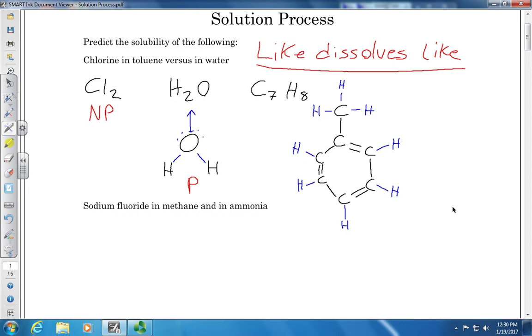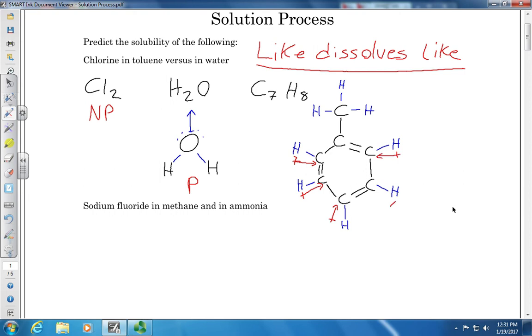So that's toluene. The big thing to recall with hydrocarbons is the difference in electronegativity between hydrogen and carbon is very small. The geometry of this particular molecule is such that all of these hydrogens, what little there is, are drawing toward the center.